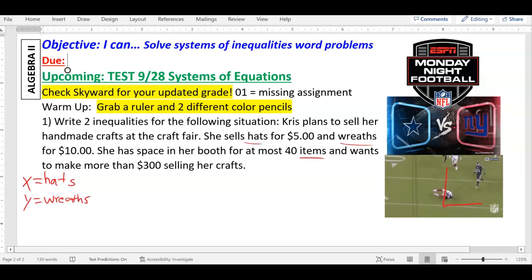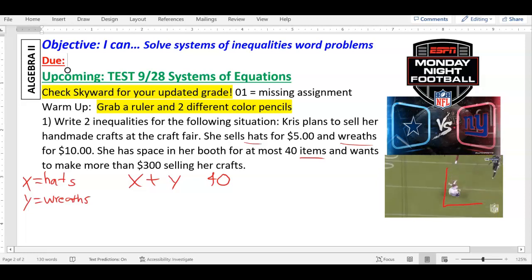If I have X hats and I have Y wreaths and there's 40 at most, you would write it like this. Adding up your two items, X plus Y, okay, leave a space. We know it has to do with 40, but here's my question. What's going to go right here in this blank? We're doing inequalities, so it's not equals. It's going to be either one of those less than, greater than, or underlined.